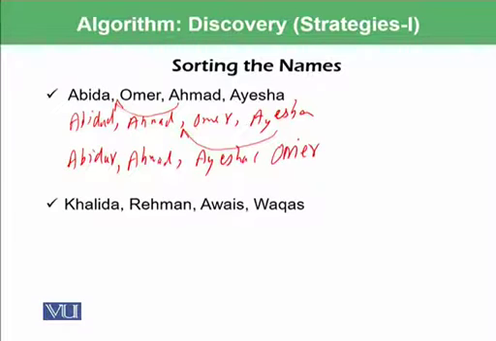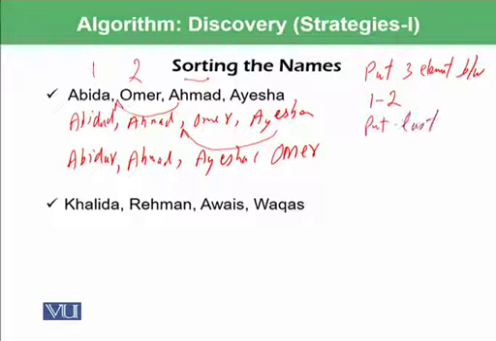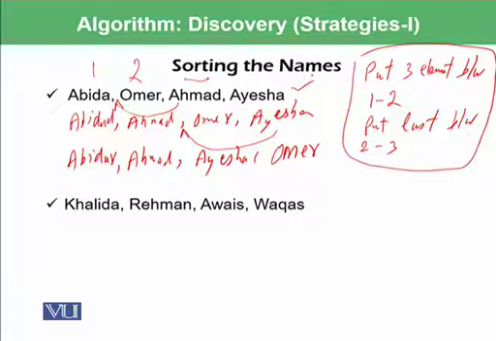So the first step was putting the third element between the first and second, and then putting the last, or fourth, element between the second and third. So this was the algorithm that sorted this list.